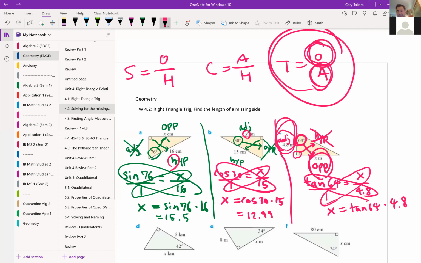So the answer is tangent of 64 times 4.8. You get 9.8. You guys okay?